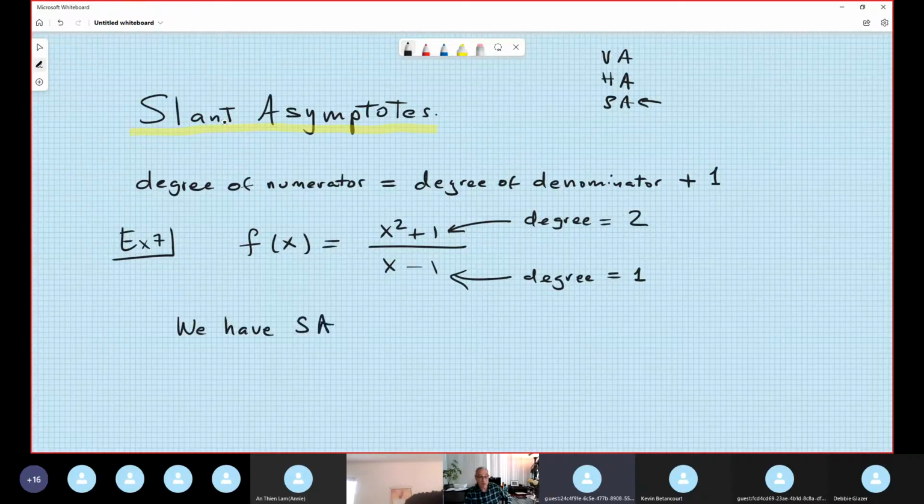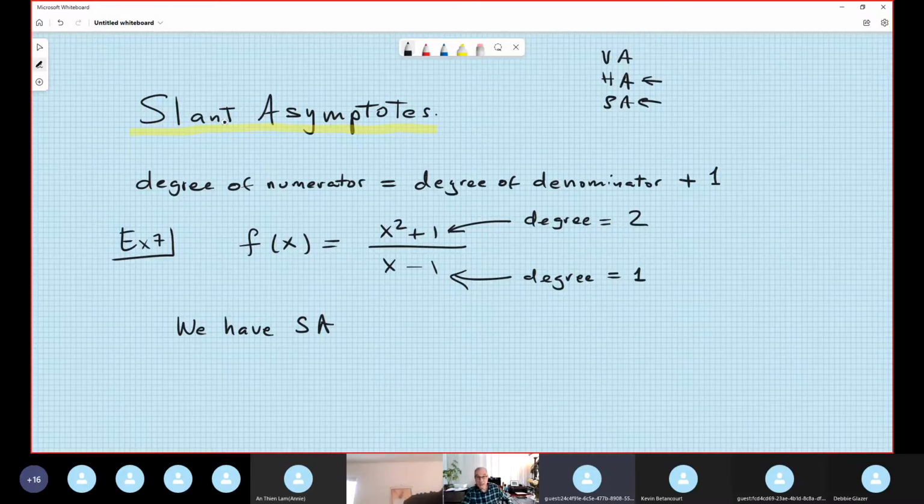It's important to understand that this is completely mutually exclusive. The idea is we have horizontal or we have slant, not both. So if we have horizontal, don't analyze anything about slant, because it's impossible. If you have slant, we have no horizontal.